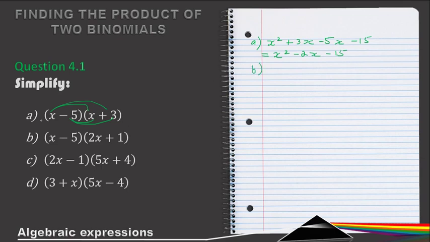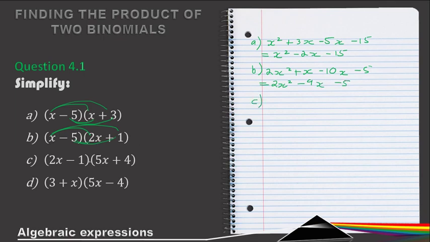For B, multiplying out that, we have 2x squared plus x, then minus 10x minus 5. That's now multiplying out those two. And then we have 2x squared. Adding these like terms, I get negative 9x minus 5.